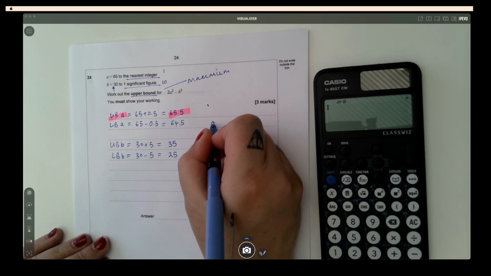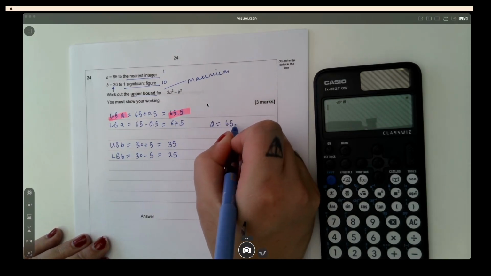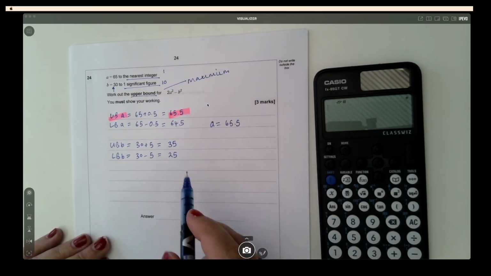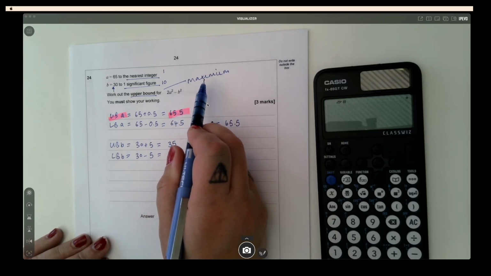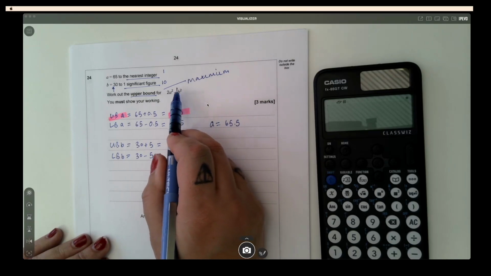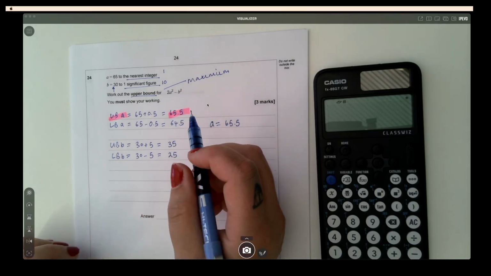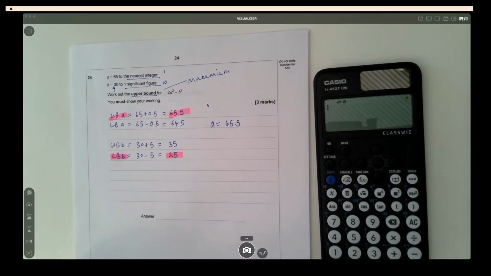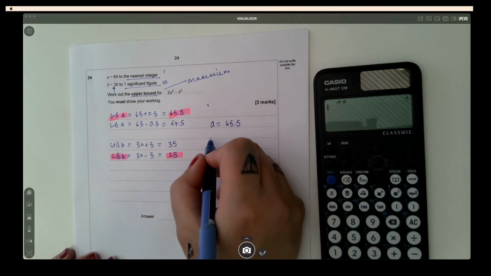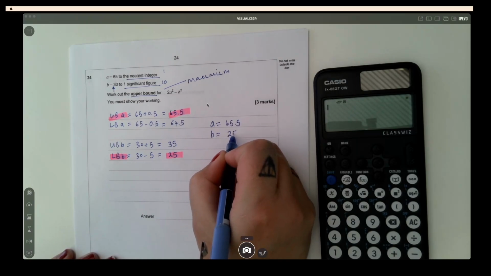So we're going to use a equals 65.5. And then to subtract the smallest possible number to get our maximum answer, we're going to want to use the smallest possible value of b. So we're going to use the lower bound for b. So we're using a as 65.5 and b as 25.